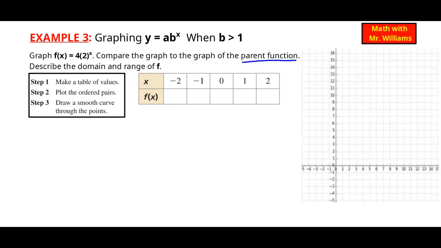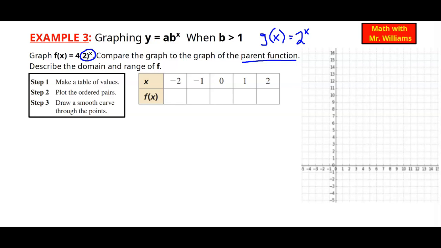The parent function is this little part of that function. We're going to call it g of x, using a g this time instead of an f, and we're going to make that 2 to the x power. That is our parent function. We're going to compare the function f of x that equals 4 times that to the parent function. The only difference is that 4 sitting out front.